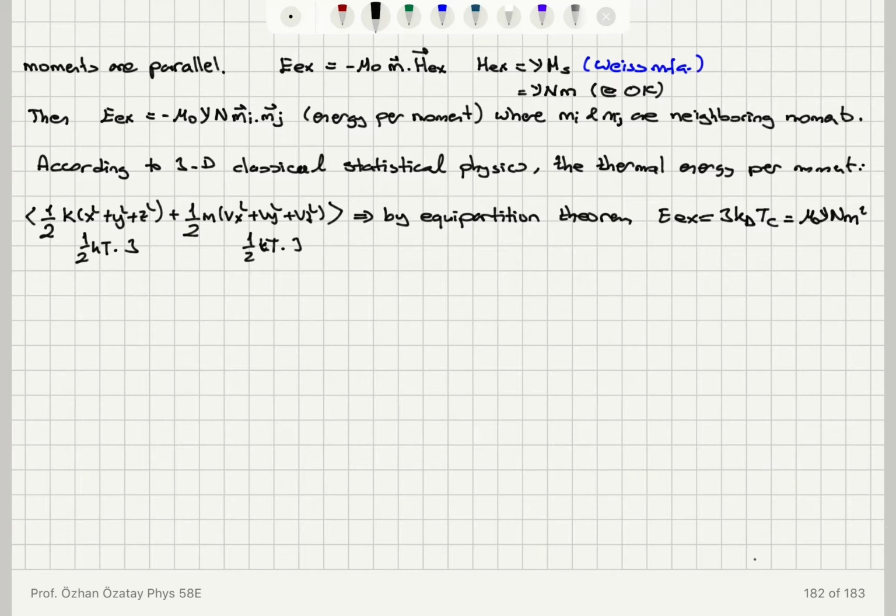That is the energy per moment. Or I could write this as mu 0 z J m squared using the nearest neighbor approximation. So J is the nearest neighbor exchange constant, and z is the coordination number.